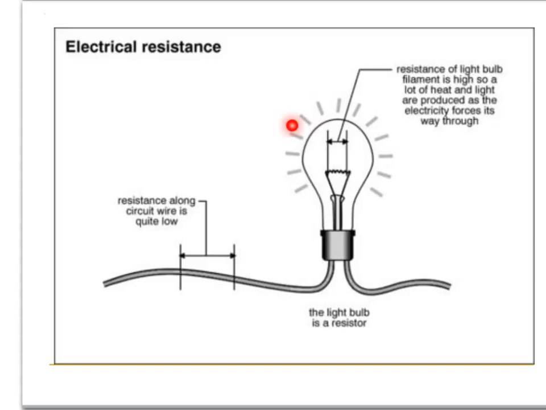Resistance in the load is a lot higher than the resistance offered in the conducting wire. This is the reason why, when we draw circuit diagrams, the load is labeled as a resistor.